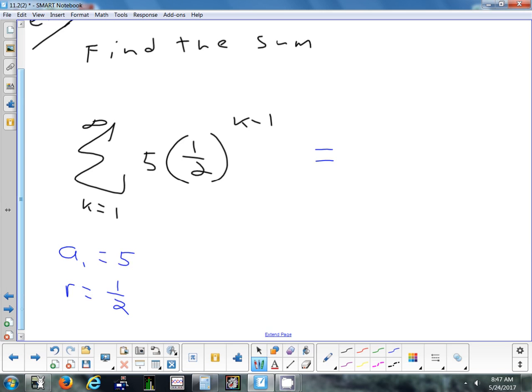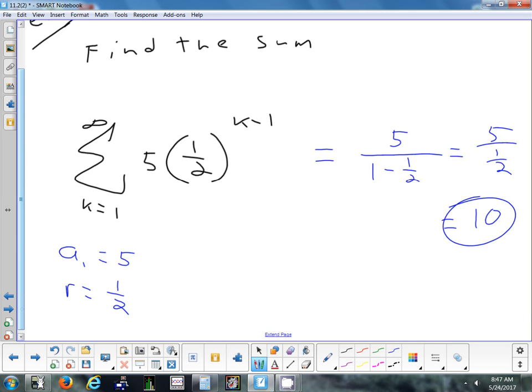All right, so how would I write out my formula? What goes on top? 5 over 1 minus a half, which is a half. And what's 5 divided by a half? 10.